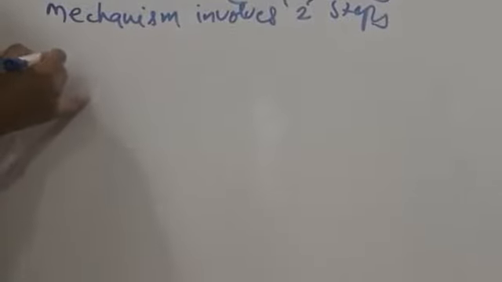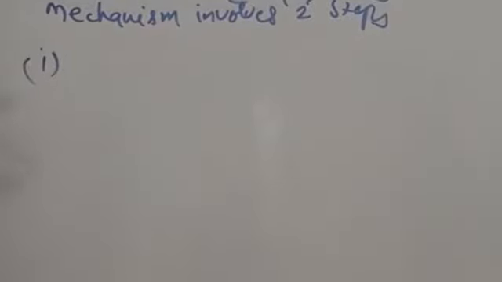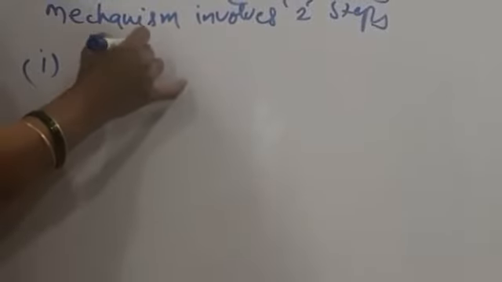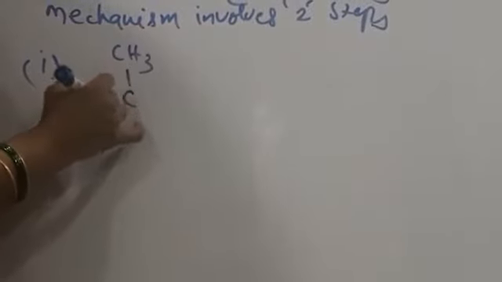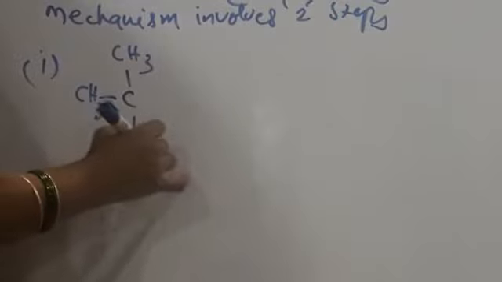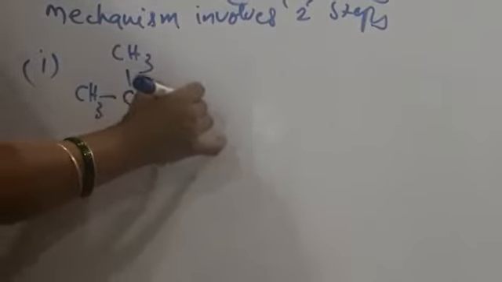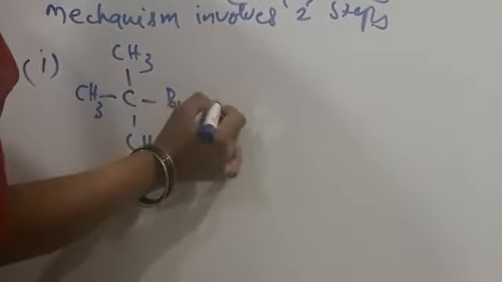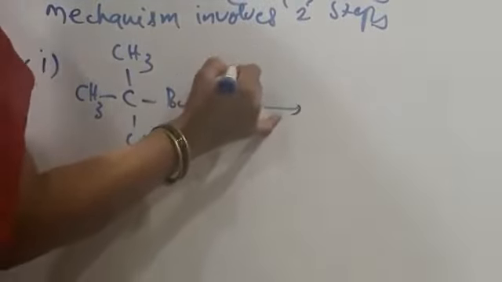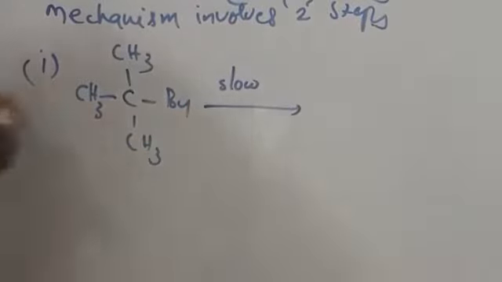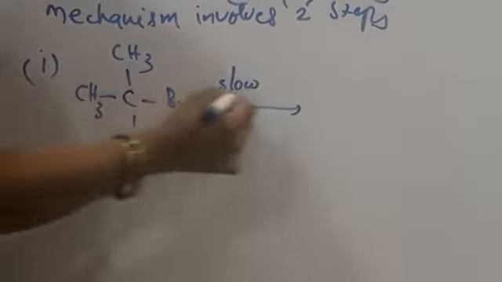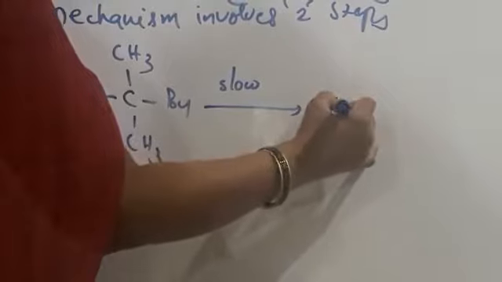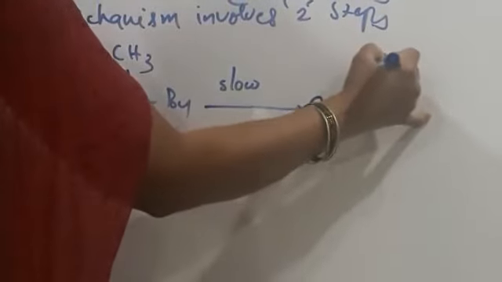Okay. So in the first step, if you take tertiary alkyl halide, tertiary butyl bromide, this is tertiary butyl bromide. Okay. So in a slow process we get tertiary butyl carbocation.